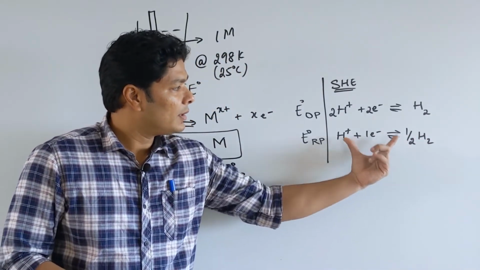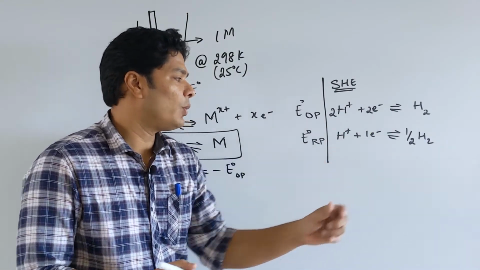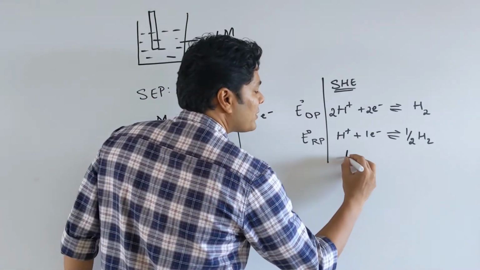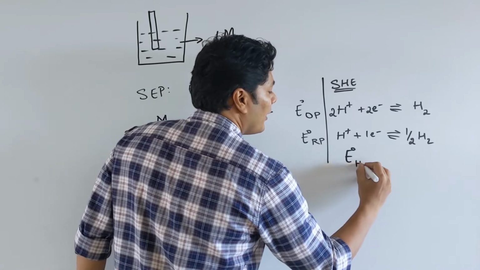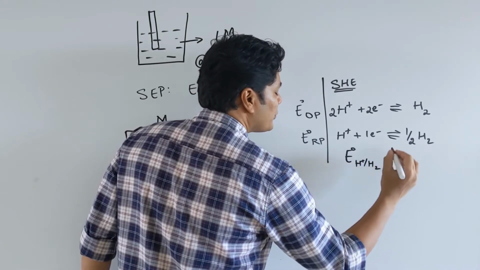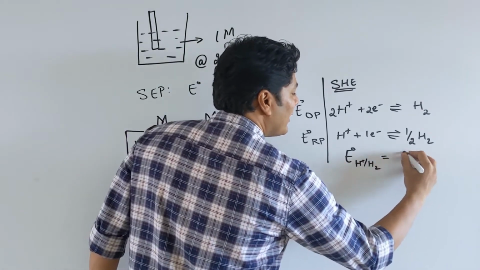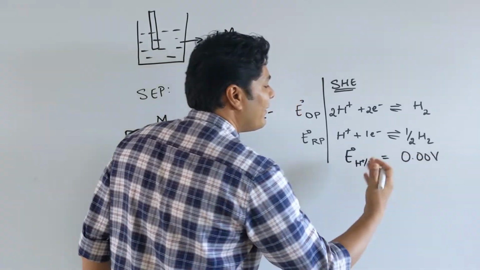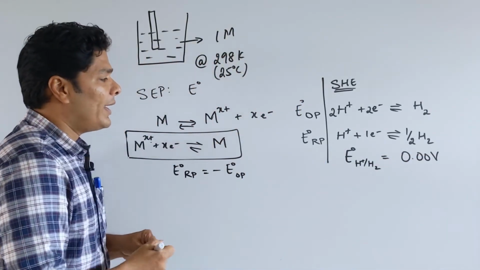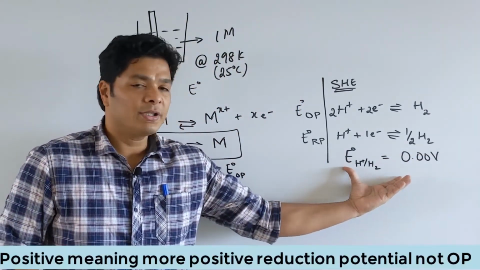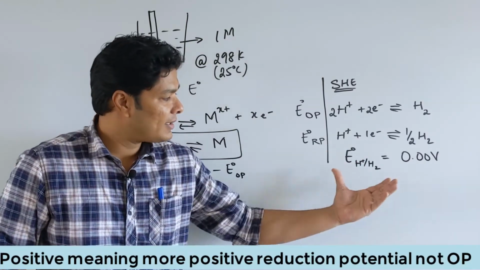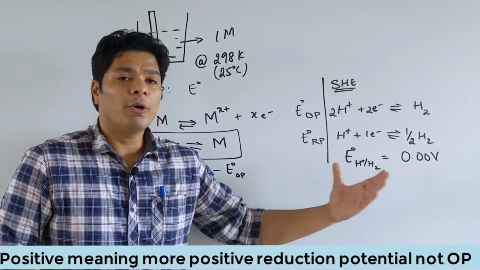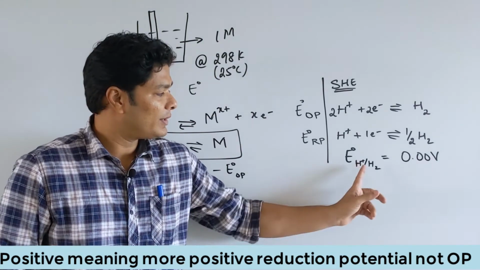So this reaction is what is given as reference for us, H+ going to H2. This is assigned a value of 0.00 volt and everything else is measured accordingly. So anything that is positive compared to this allows to get reduced, anything that is negative compared to this allows to get oxidized in preference to this electrode.